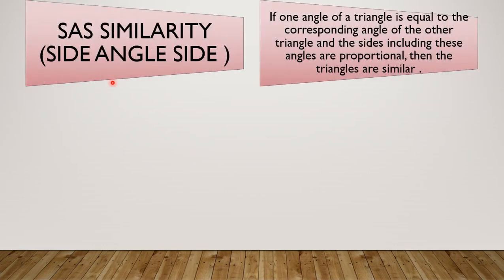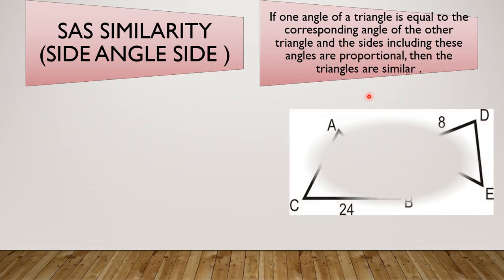The next criterion is SAS similarity, or we say side angle side. If one angle of a triangle is equal to the corresponding angle of the other triangle, and the sides including these angles are proportional, then the triangles are similar.